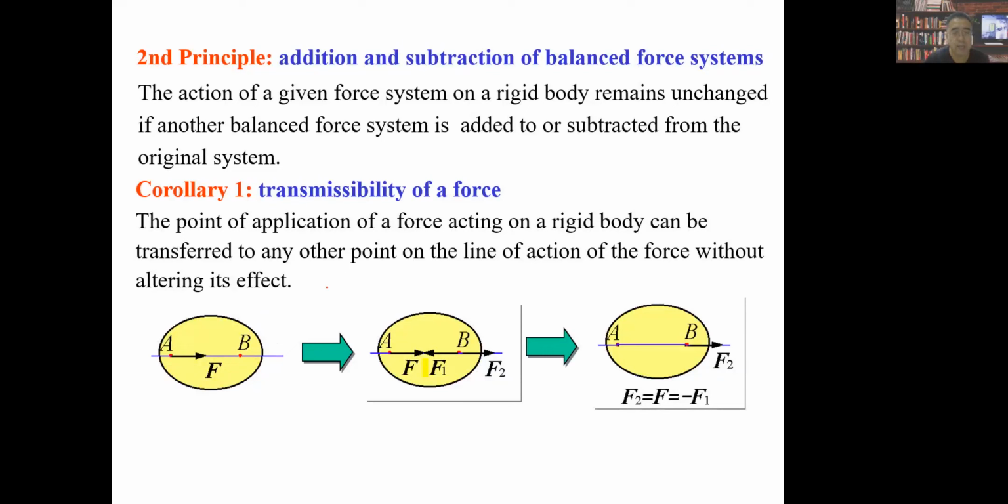Do you guys get it? This principle lets us know that the transmissibility of a force is true, all because the body is a rigid body, right? So we can freely change the point of a force along its line of action.